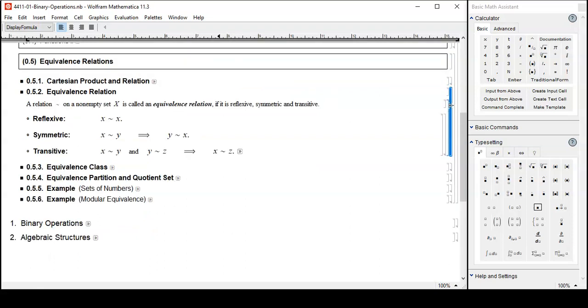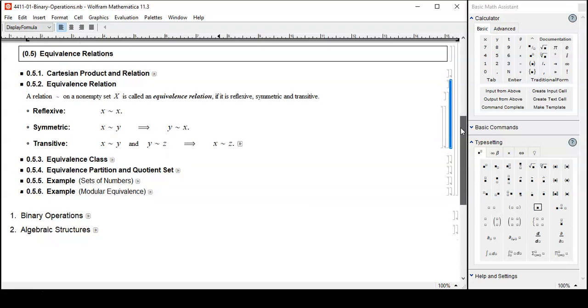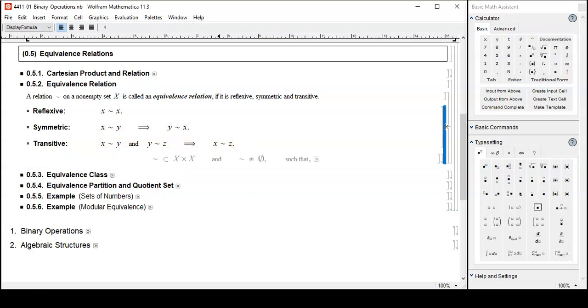Here we go. An equivalence relation is a relation on X with these three properties: reflexivity, symmetry, and transitivity. If you prefer a set theoretical expression, you can do it like this. It's a relation on X, so instead of X cross Y, we have X cross X, and it's non-empty, of course, because it's a relation.